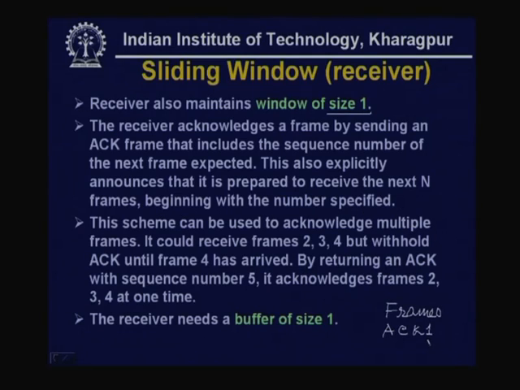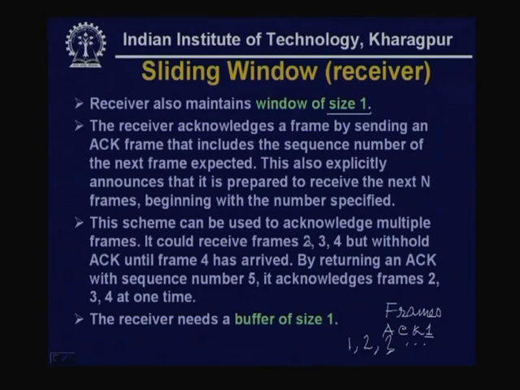That means, starting with 1, up to 2 to the power k minus 1 frames it can receive one after the other. So, this readiness is conveyed by the receiver.